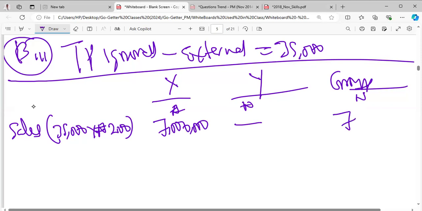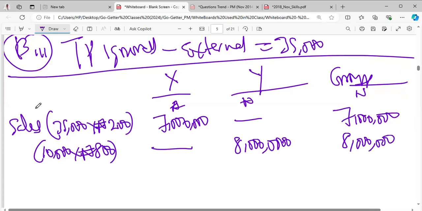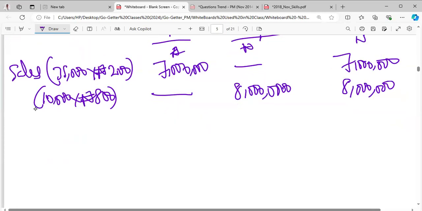So the group is having 7 million. Now, when this component was bought outside, they sold 10,000 units at 800 naira. They are still having their 8 million. The group is pocketing 8 million. So this is the total sales, no internal transfer.